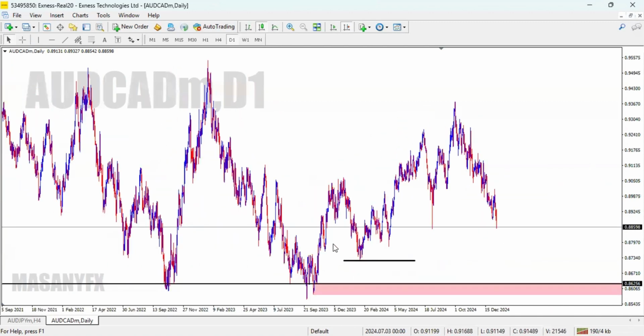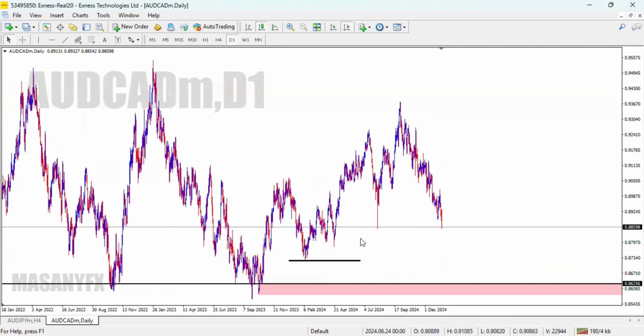Here's my zone. This is what I am expecting on daily time frame. Why am I looking for buying opportunities?